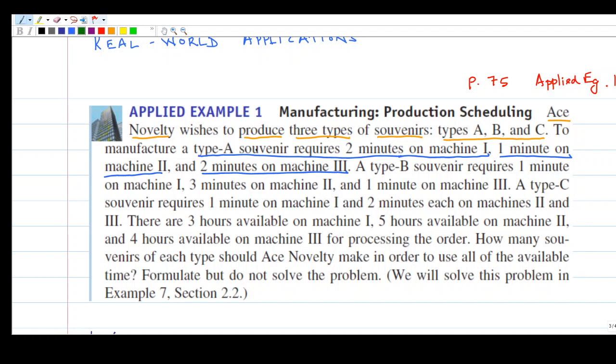A type B souvenir requires 1 minute on machine 1, 3 minutes on machine 2, and 1 minute on machine 3.